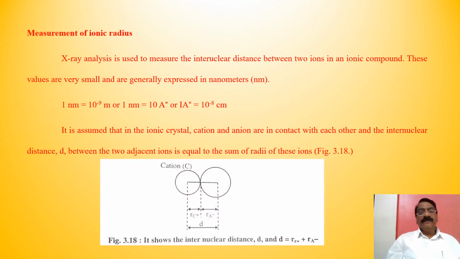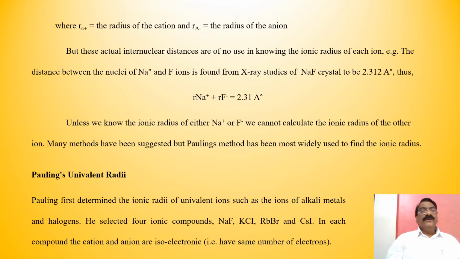See in the figure, smaller is the cation, larger is the anion, and distance between these two is the d. It is d is nothing but the radius of cation plus radius of anion, that is Rc+ plus Ra-, where Rc+ is the radius of the cation and Ra- is the radius of anion.